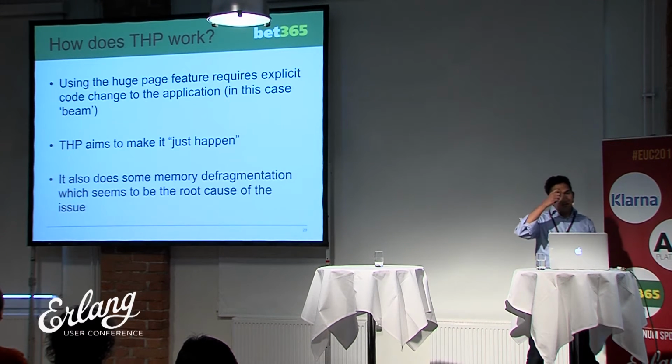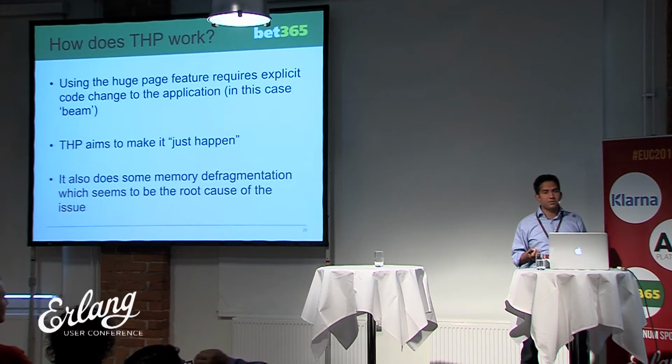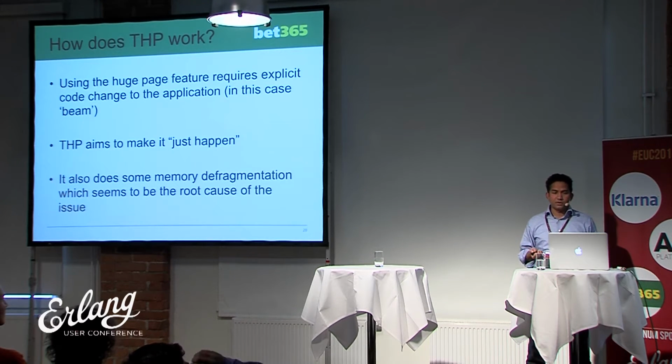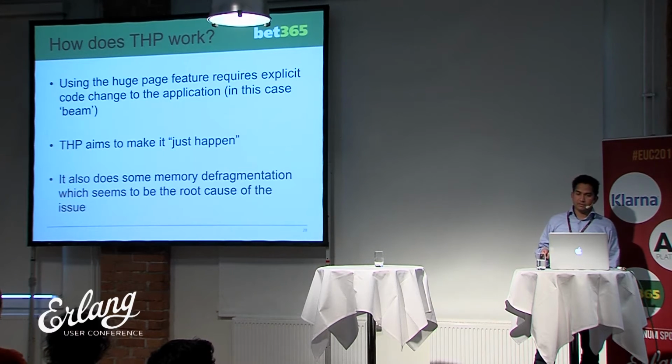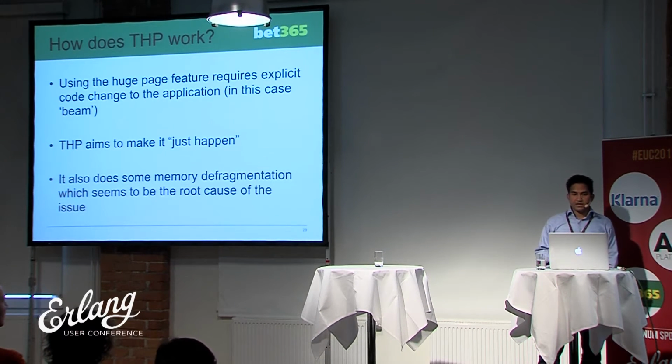So how does this transparent huge page work? The reason Red Hat developed this transparent huge page support was that using huge page support requires a lot of change to your application itself. You've got to plug into the APIs it provides, and it's non-trivial. So Red Hat developed THP so that most software which runs would be able to benefit from it.